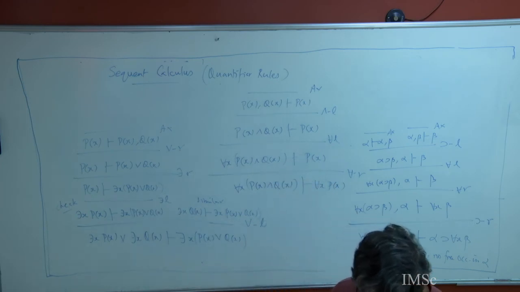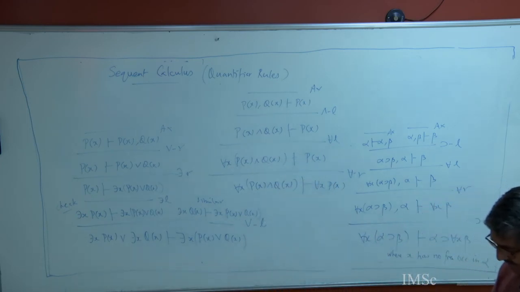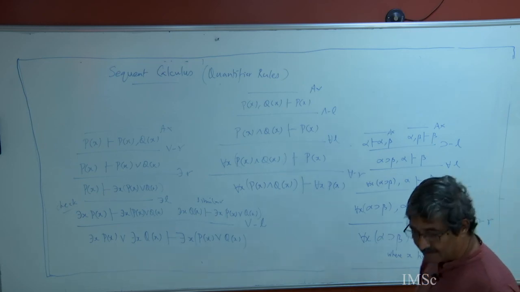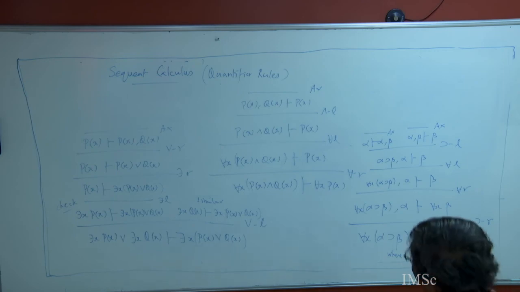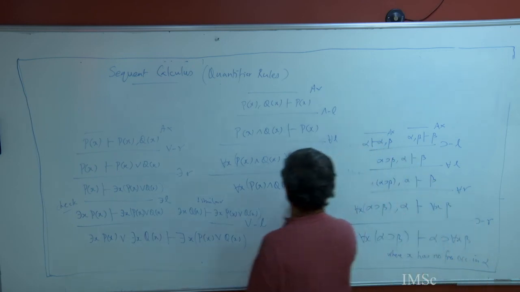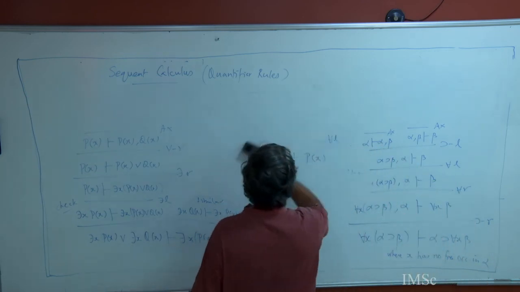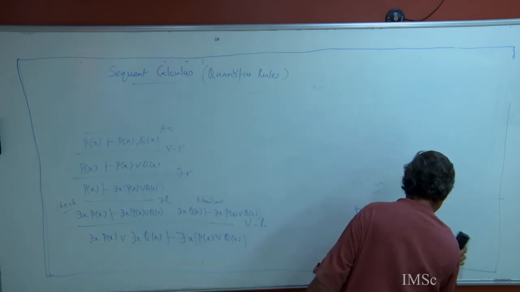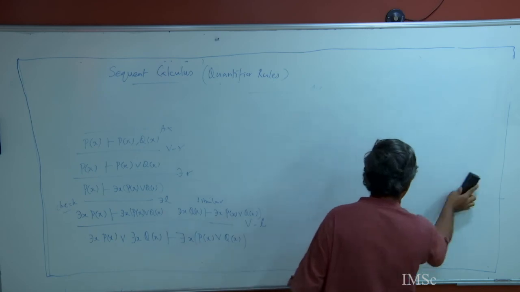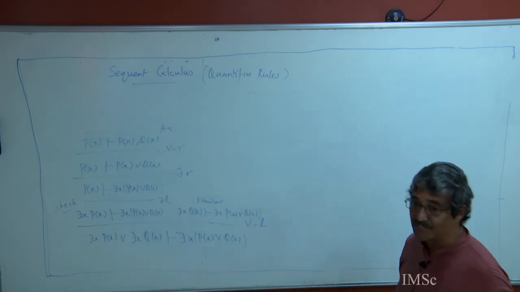Okay. So, let me do a slightly different kind of example, because I should have done this with natural deduction also, I am sorry I forgot that. So, I am going to take up one where the formula that you are trying to derive is not valid. So, there should not be a proof.